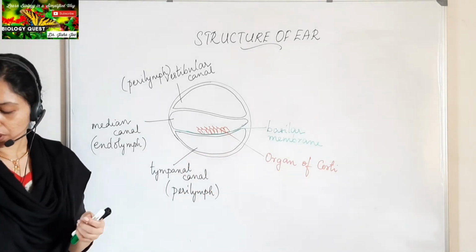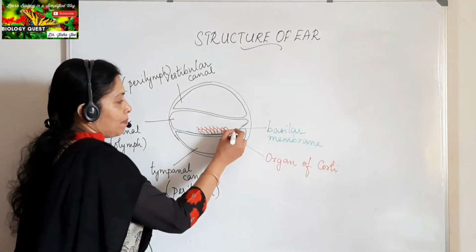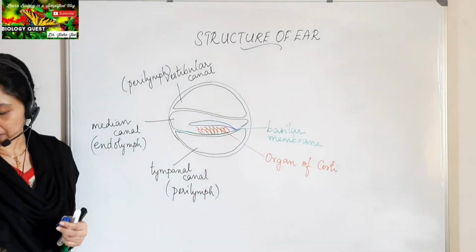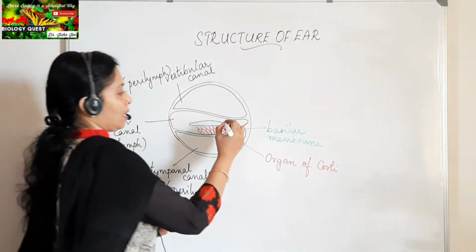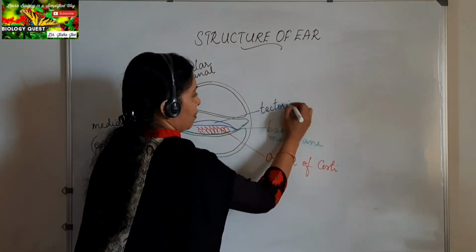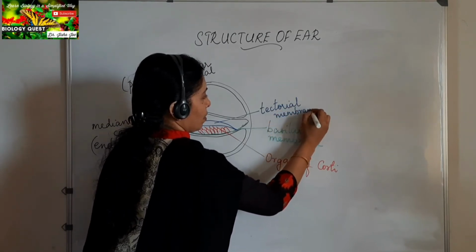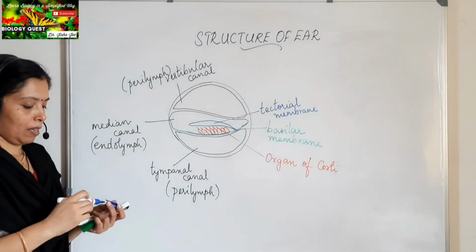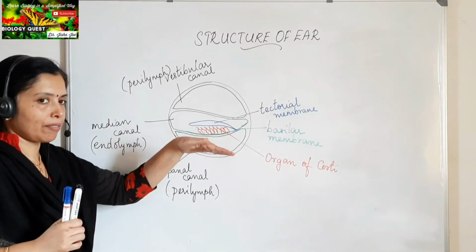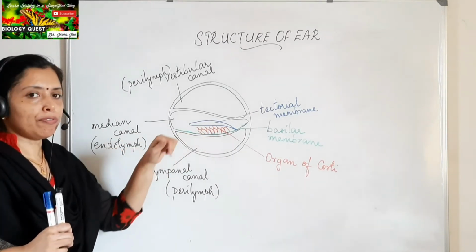Now, just above the organ of Cochlea, covering it, there is another membrane, which I am marking in blue color. That is the tectorial membrane. The tectorial membrane acts as a covering over the sensory cells of the organ of Cochlea.